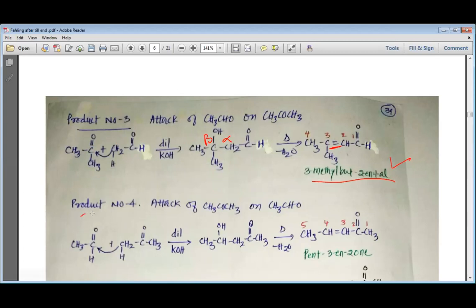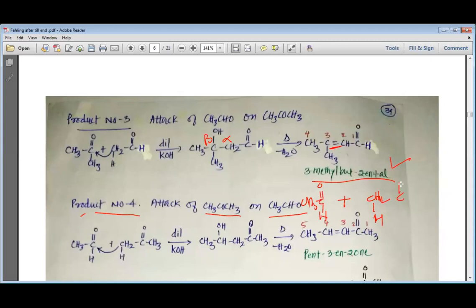Same way we go for the fourth product, where the attack of propanone takes place on ethanol. So we should keep the ethanol carbonyl carbon free for the attack, and we should do the attack by using the CH2, meaning the alpha carbon of the acetone.